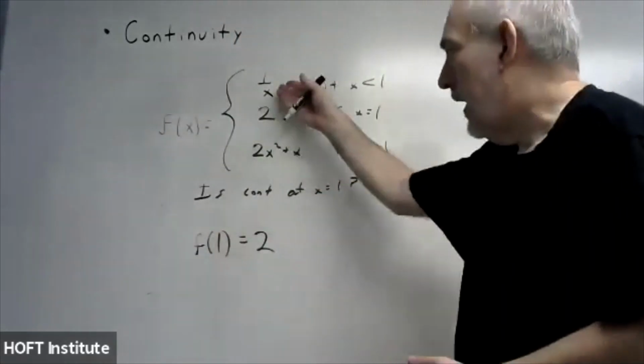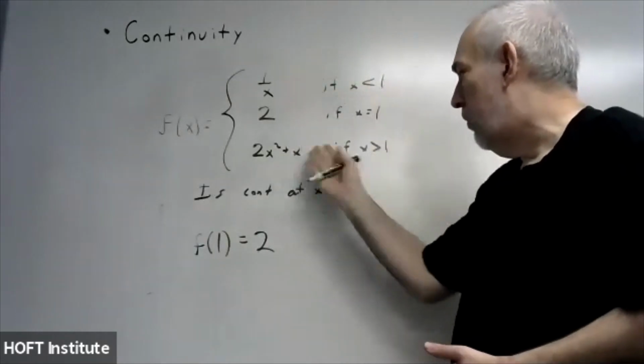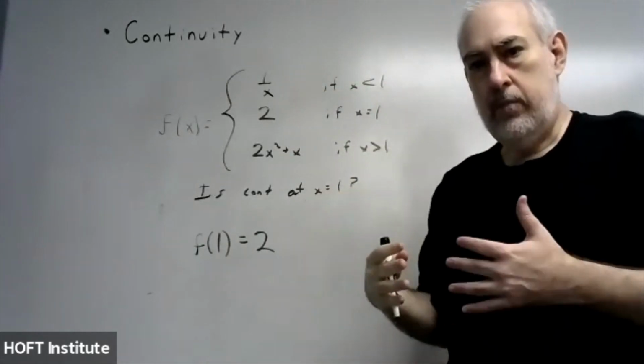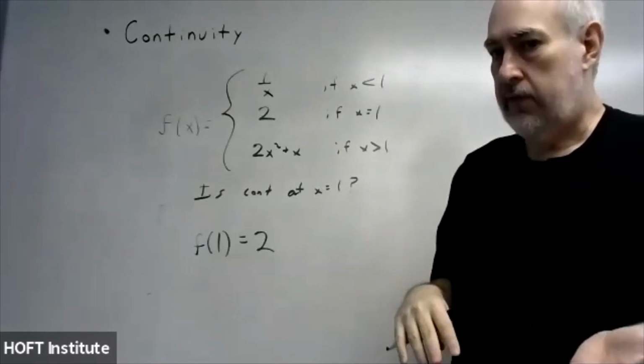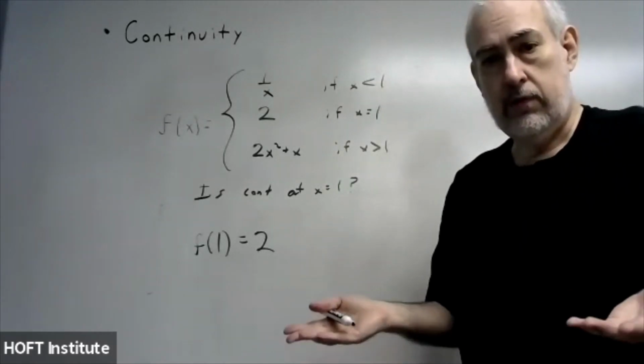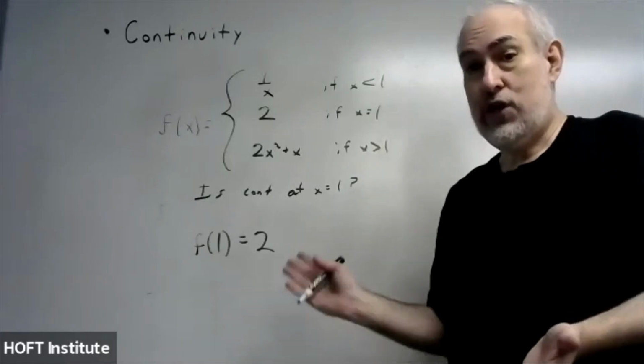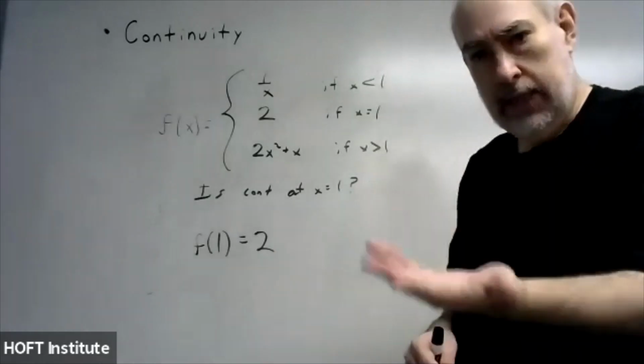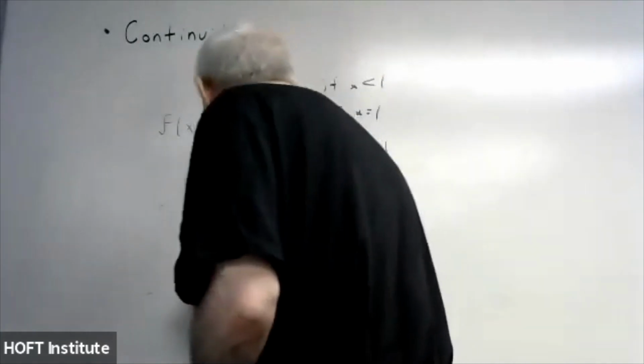And this time, because I have two different functions, left of 1 and right of 1, I'm going to have to evaluate the limit from the left and the right separately, see if they're equal to see if the limit exists in general, and finally check to see if it's 2. So let's do the limit from the left first.